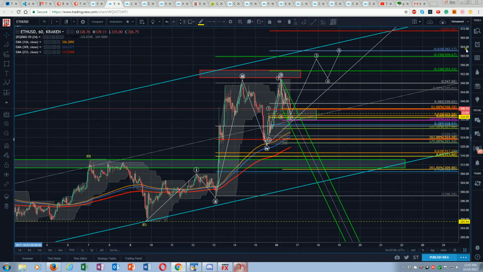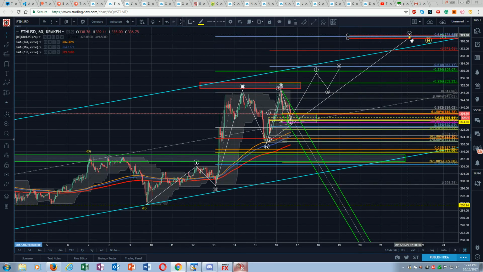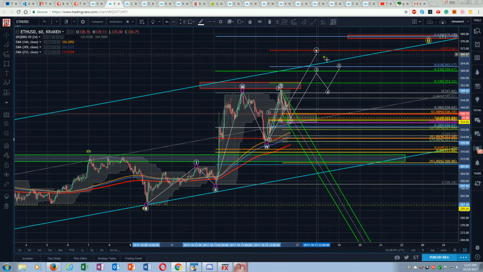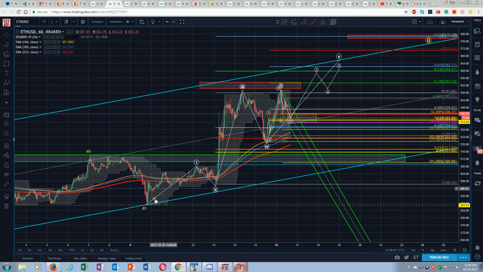Let me see if I can bring it down here. So right now we're trading on the assumption that there's another 5-wave sequence to come based on this 1, 2, 3, 4.